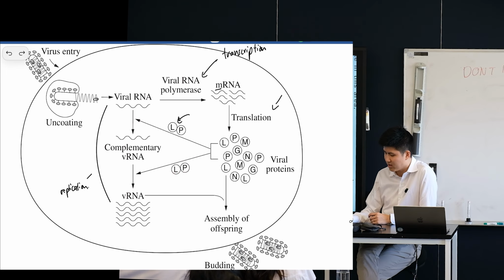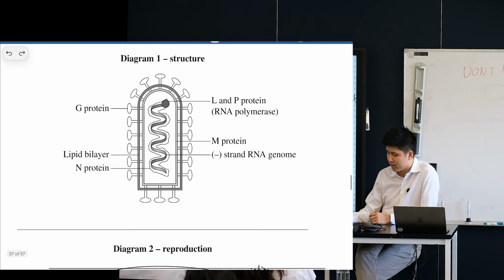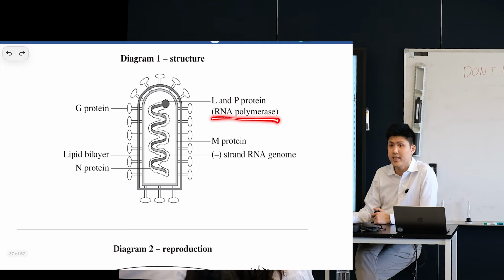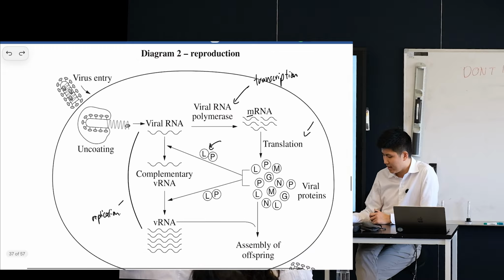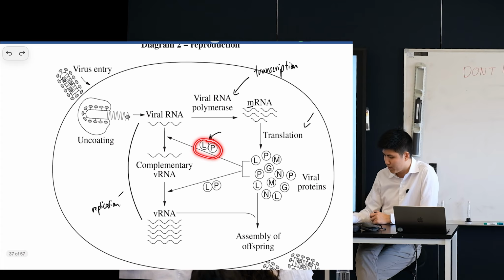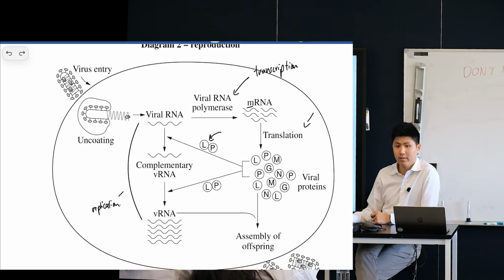So that tells us that these are probably polymerase, and that's confirmed when I read the diagram here. It says L and P protein are RNA polymerase. So that means that these are probably also responsible for making more copies of my viral RNA, right?